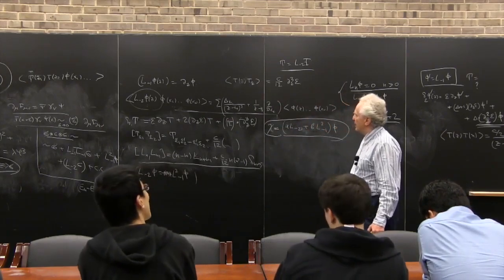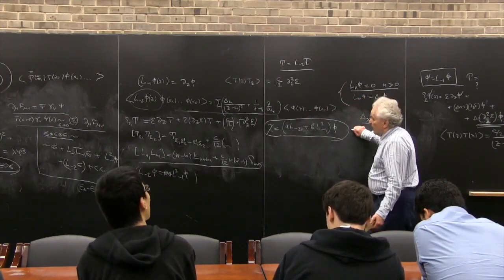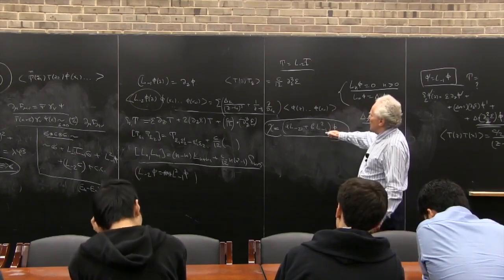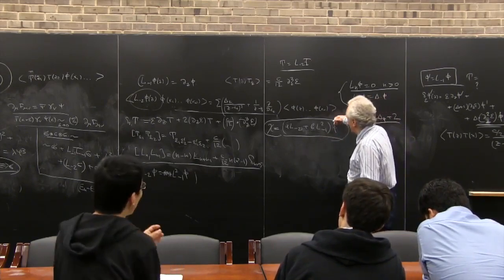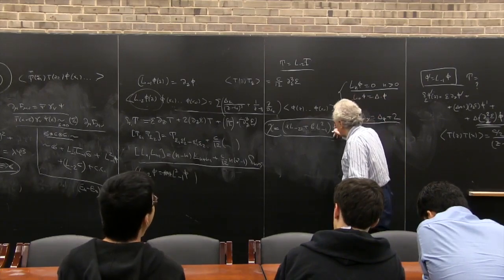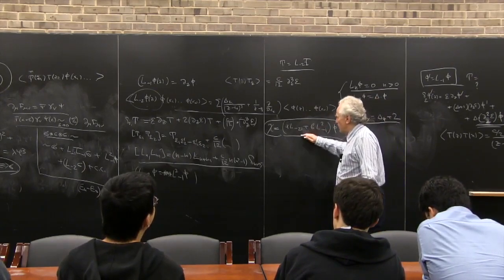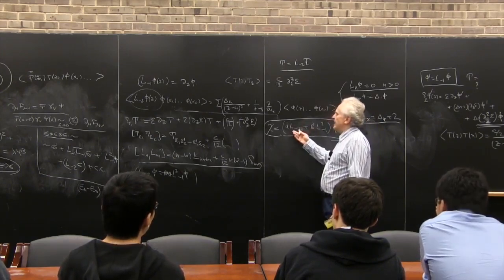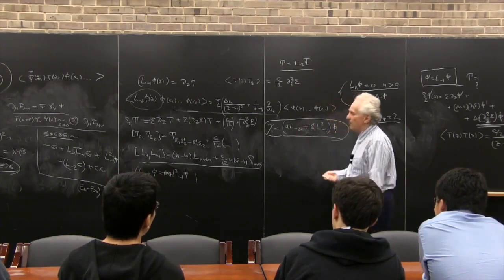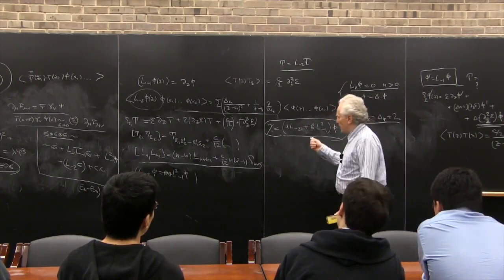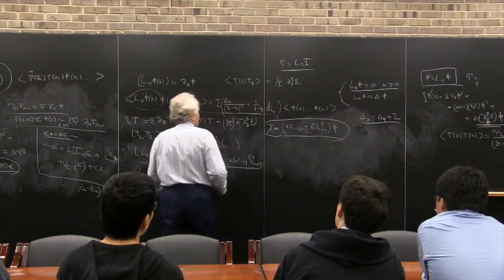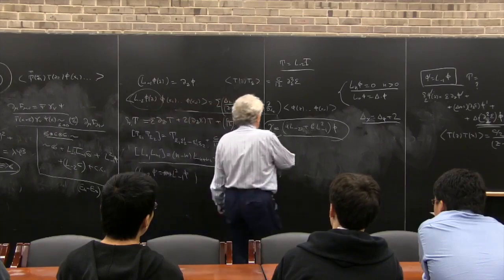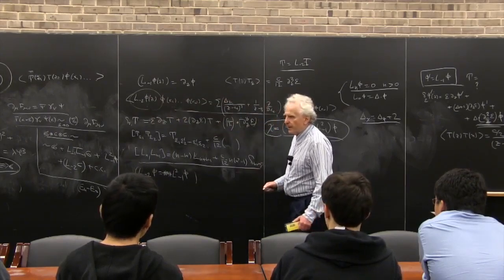But what we have to check is this: if we started with some primary operator, it can happen by some accident, in a sense, that certain descendants are simultaneously primary operators. So what shall we check here? Act on chi by L1.